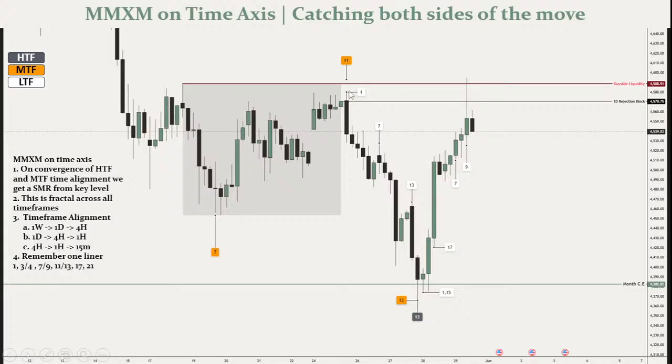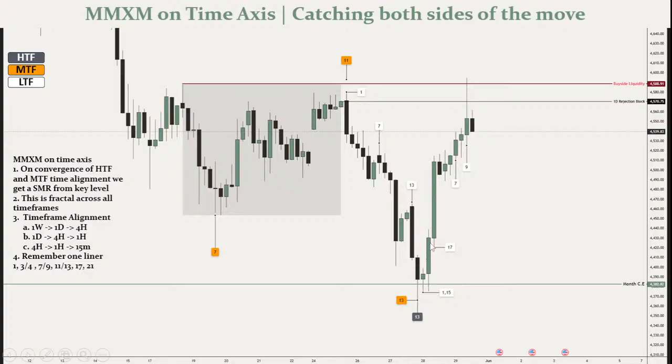So if we observe the market maker sell model and then the buy model here, we observe that price created the sell model using the classic counting. We get 1, 7, 13. 13 is the continuation. Our day opened, and then we get 15 and then 17 after the reversal.